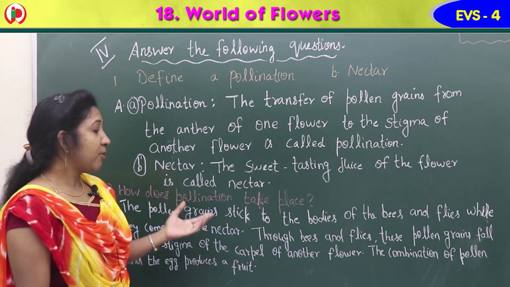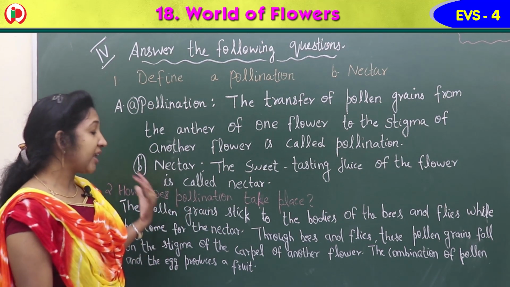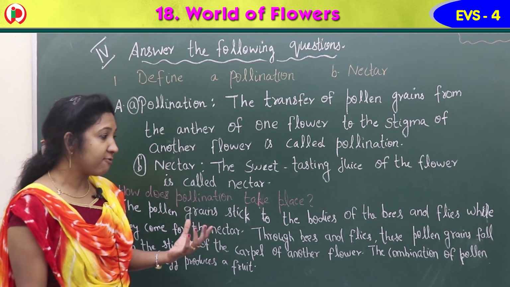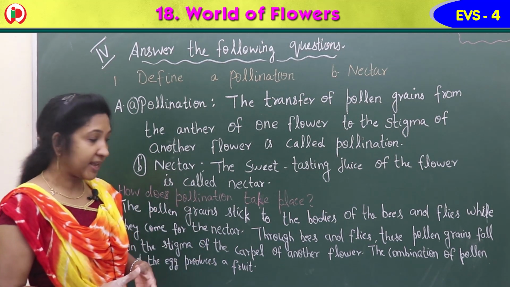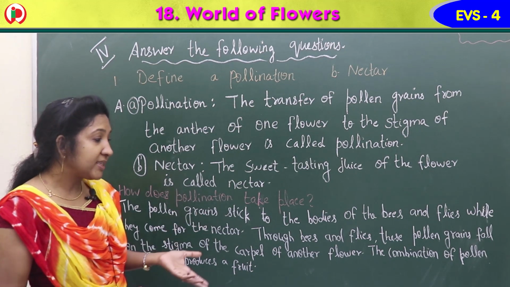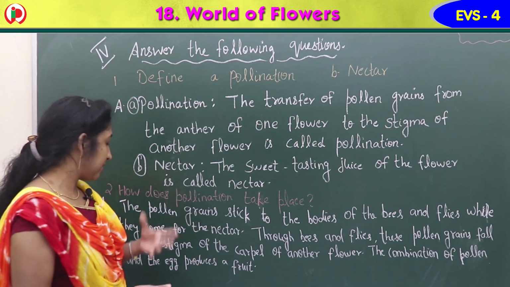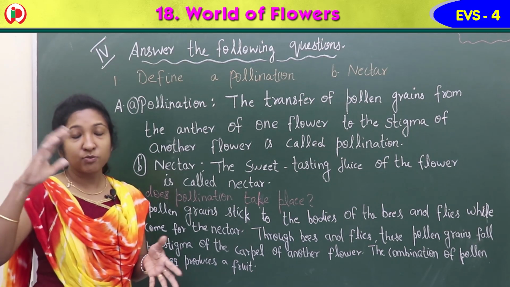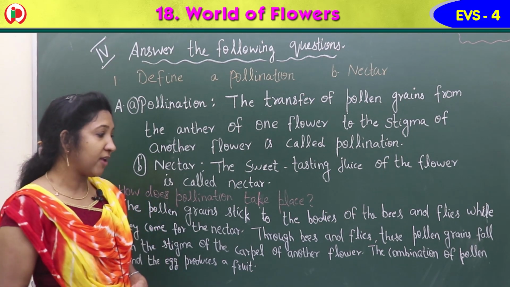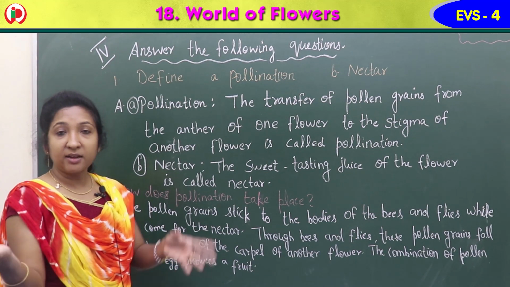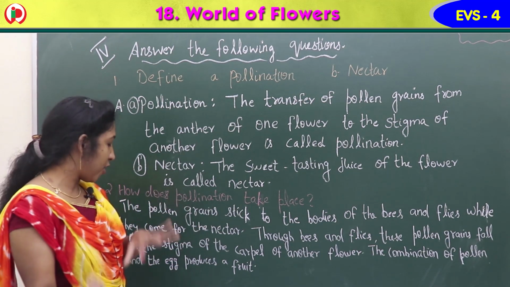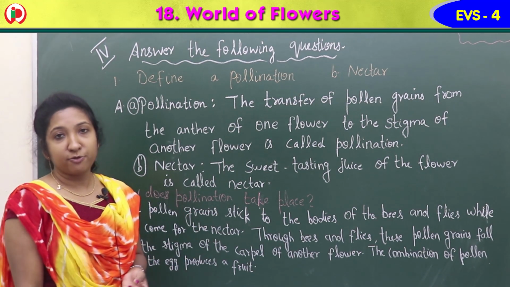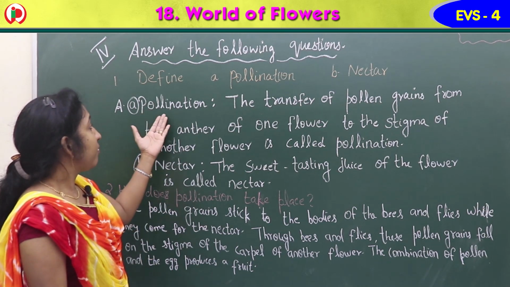So, how does pollination take place? The pollen grains stick to the bodies of the bees and flies while they come for the nectar. Full stop. Through bees and flies, these pollen grains fall on the stigma of the carpel of another flower. It falls on the female parts of the other flower. The ovary is there. It has the egg. So the combination of pollen and the egg produces a fruit. So, what is pollination?